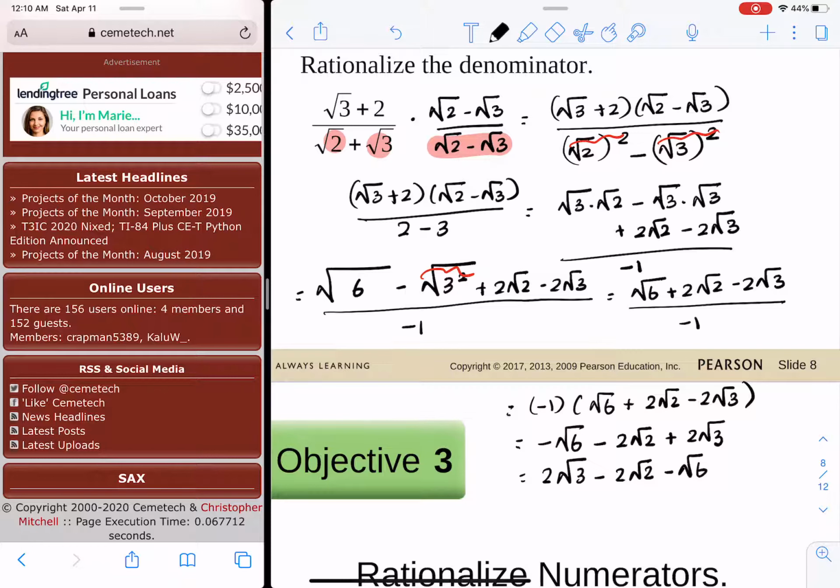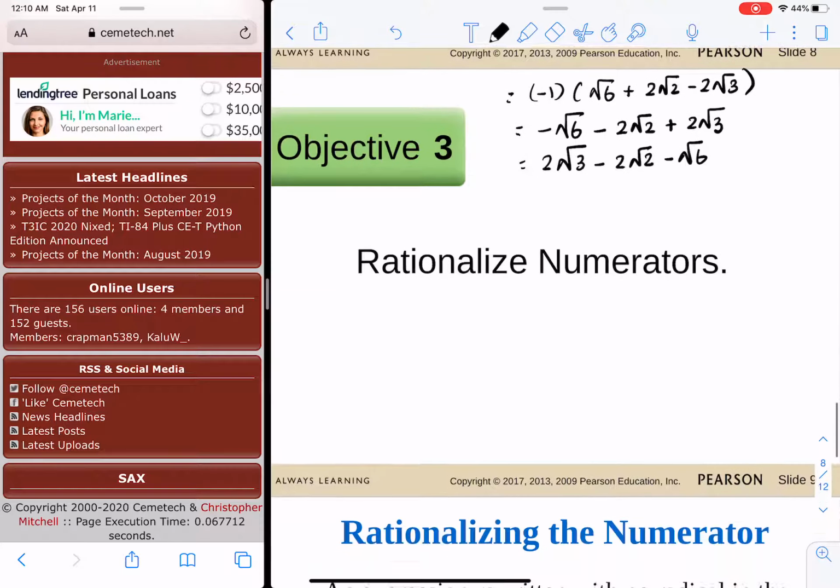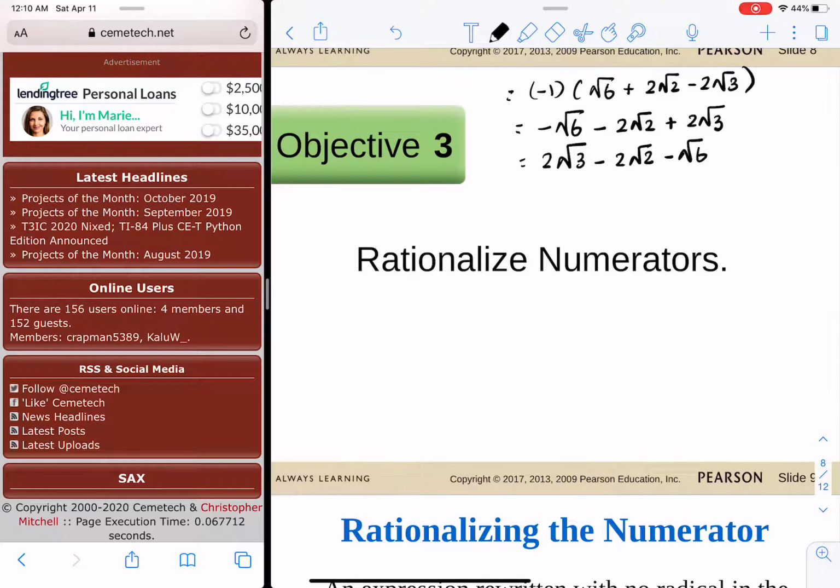And you can see that I've successfully gotten rid of the radicals in the denominator. Now we're just going to do the opposite of what we did previously. We are going to rationalize the numerators.